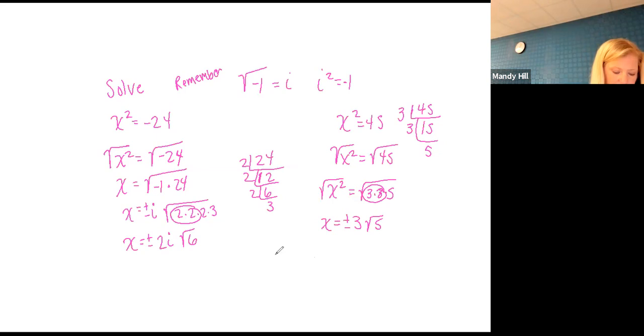Okay. We have a couple more of these that we need to solve. So if we've got 5x squared equals negative 55, well, we need to get rid of the 5, so we would divide by 5 on both sides. So x squared equals negative 55 divided by 5, which is negative 11.